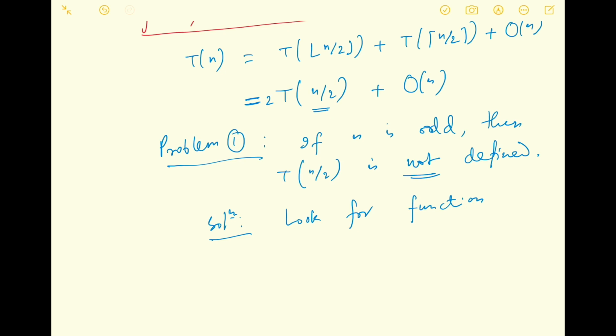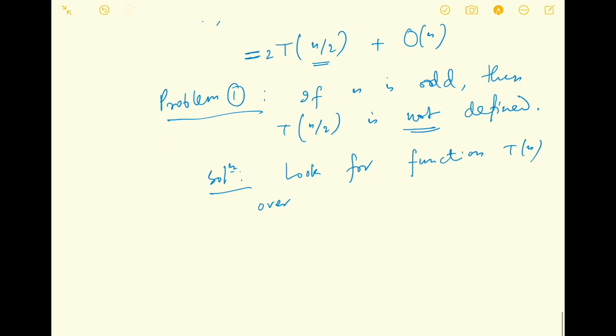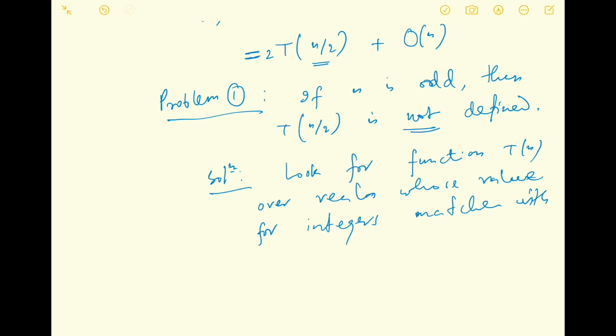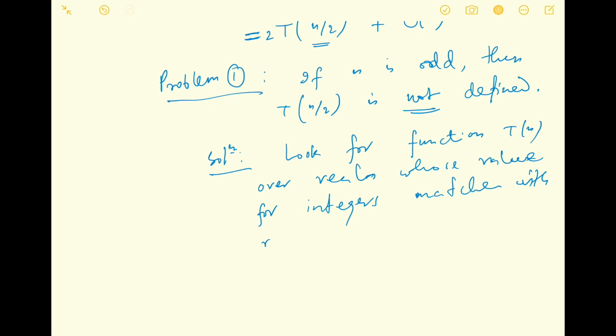So let's solve for the function T(n) over reals, which is defined for all real numbers, whose value for integers matches the running time of merge sort.